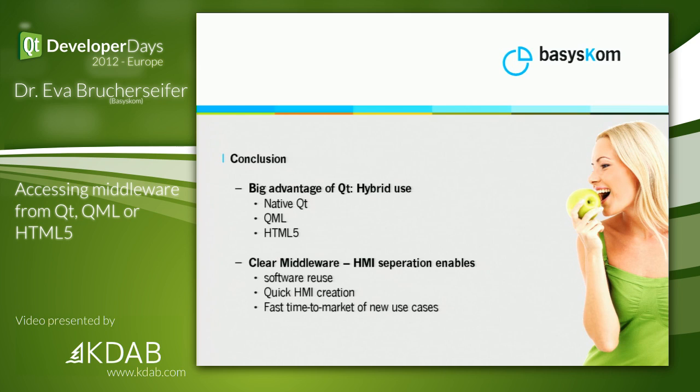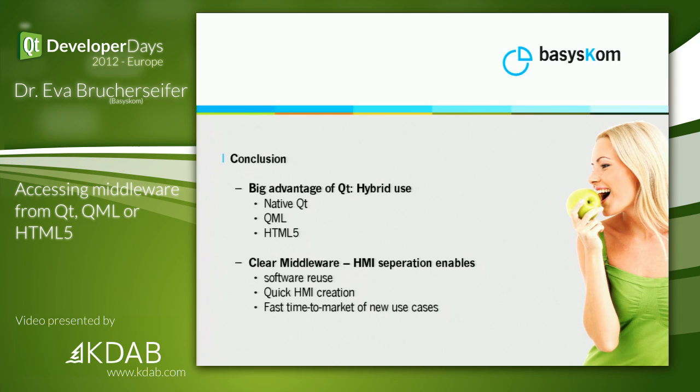I would like to mention a quite big advantage of Qt here, because if you have Qt on your system, you have all of those three technologies, and this is just great. I don't know another system which has that. You can use Qt for maybe a complex list in your user interface where QML is maybe too slow, and you can speed it up using plain Qt.